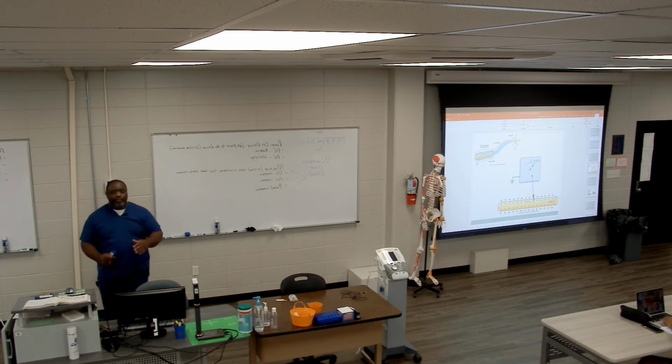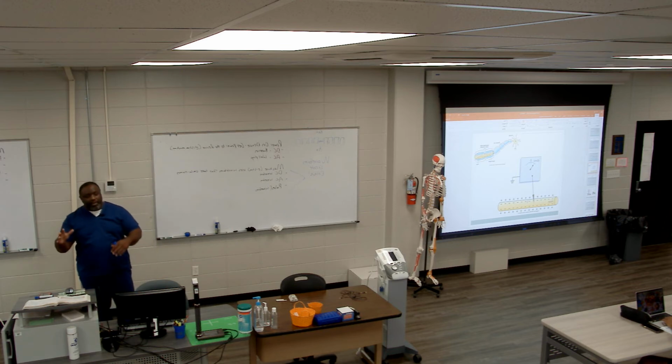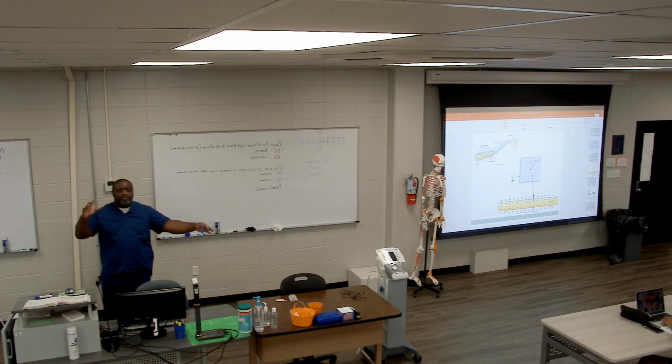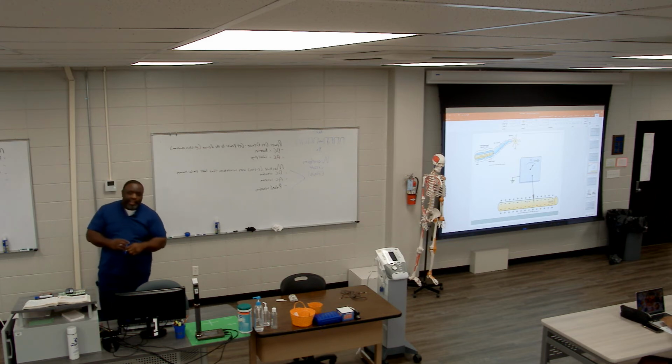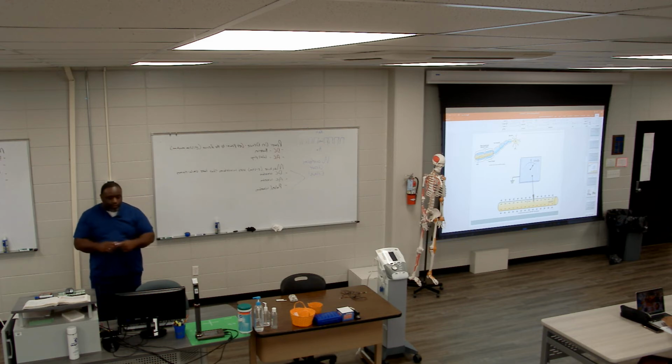So the way the information is transmitted from my spinal cord to my muscle is through action potentials happening and depolarizing the nerve.